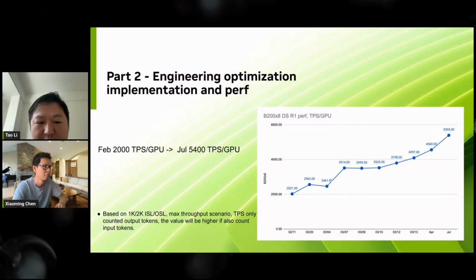The number here is based on 1K ISL, 1K OSL, and the max throughput scenario. And the TPS here only counts the output tokens. If you also include the input context tokens, the values will be even higher.